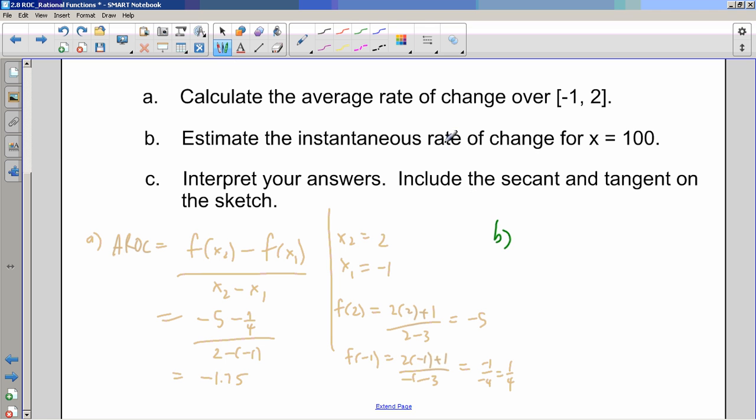For B, estimate the instantaneous rate of change for X equals 100. Well, remember we had the ROC, and for the estimate, we know one of these values has to be 100, and the other one is one that's really close, either really close on the left or really close on the right.